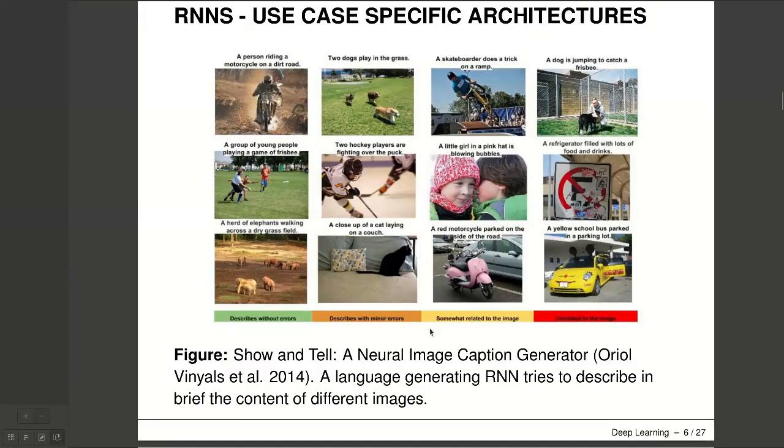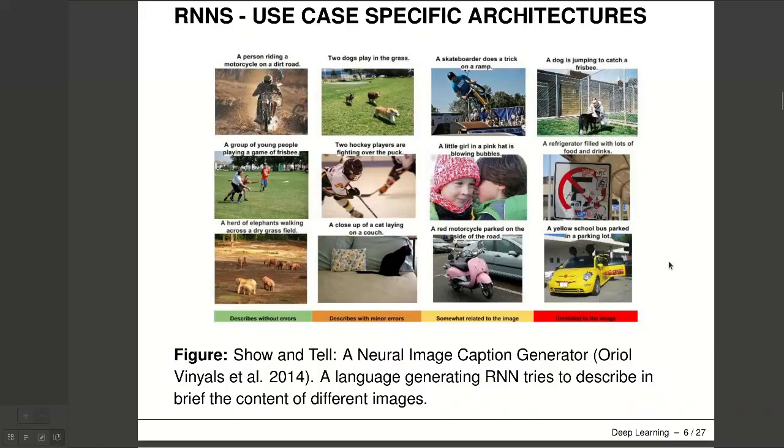The second column describes the results with minor errors. For example, if we look at the first image in the second column, it says two dogs play in the grass, but there are three. The result for the third column is somehow related to the image, but not 100% correct.